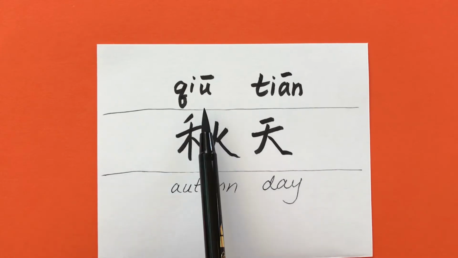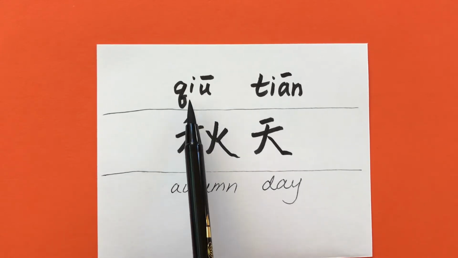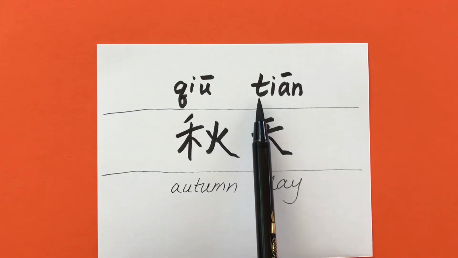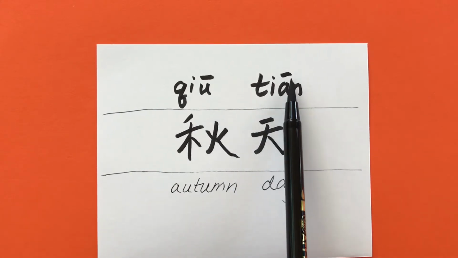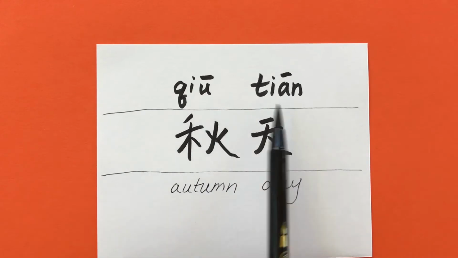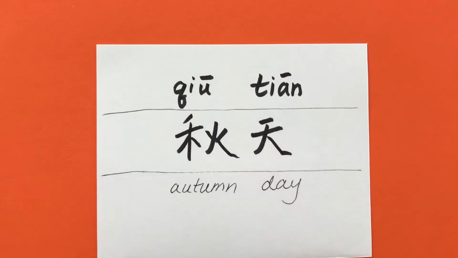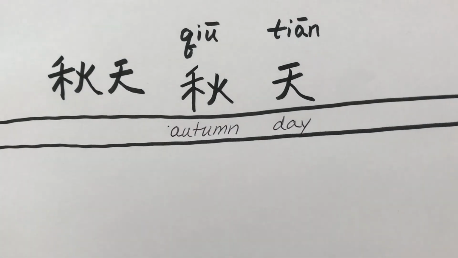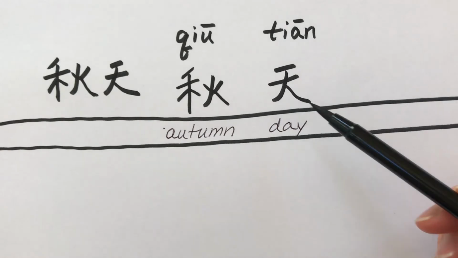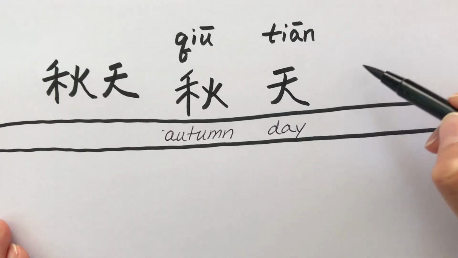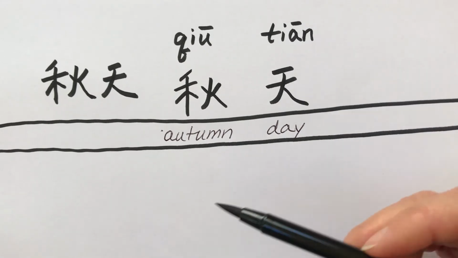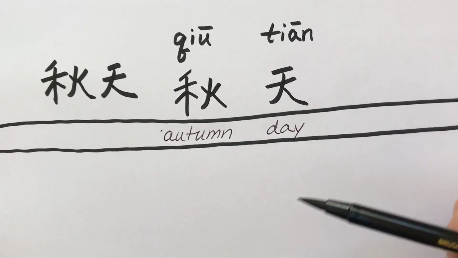This is the pinyin: 秋 qiū, 天 tiān. Both have flat intonation. 秋天. I'm going to show you the whole character first, and then I'm going to show you the step-by-step writing.